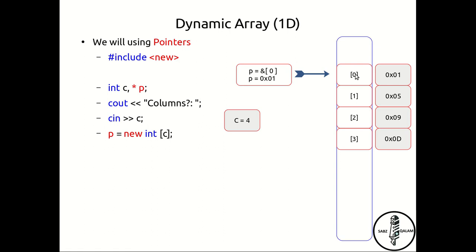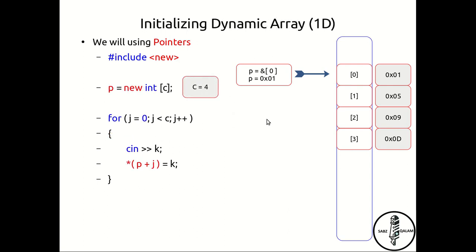Because every integer consumes 4 bytes, from 1 we jump to 5, which is 4 bytes, then from 5 to 9, again 4 bytes, and from 9 to 13, which in hexadecimal is represented by the character D. A is 10, B is 11, C is 12, and D is 13.